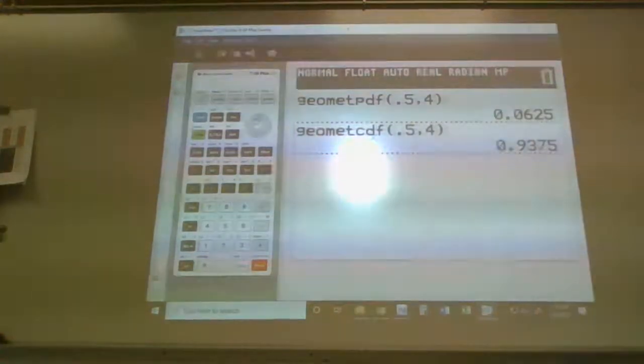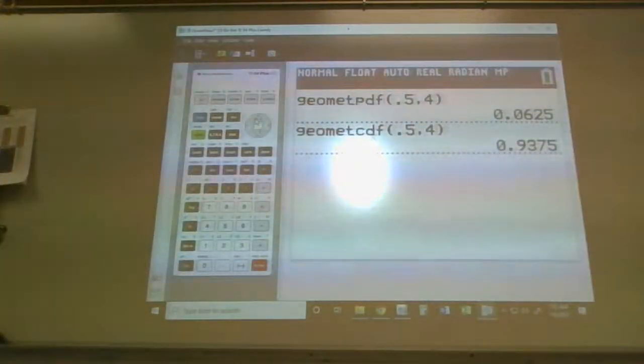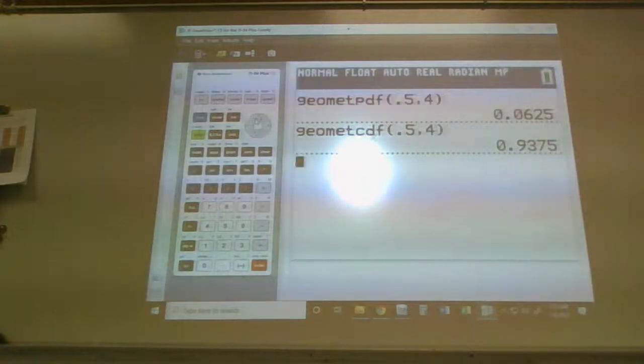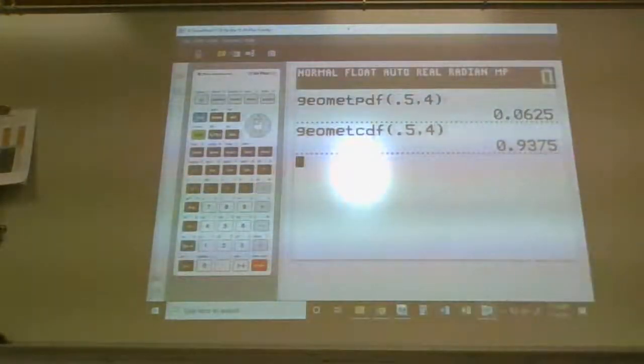So the chances that you would get your first boy on the fourth kid or sooner is roughly 94%. But again, with the geometric, there's no set number of trials that could happen. There's no finite number of trials. I mean, you could have 10 kids.